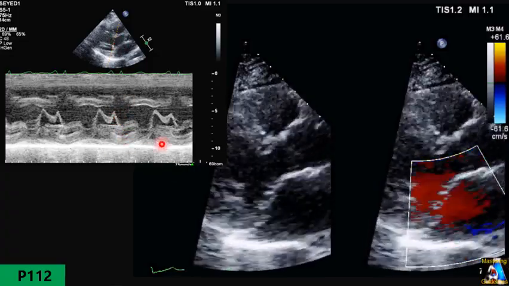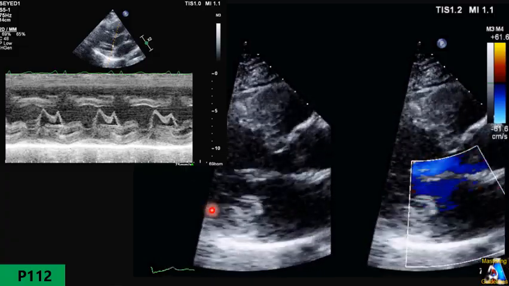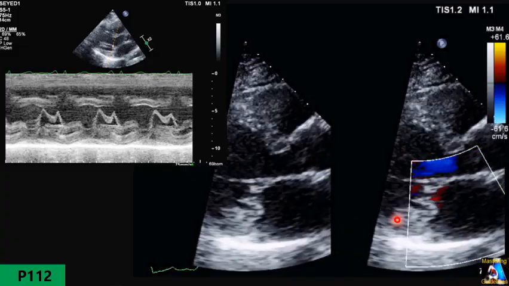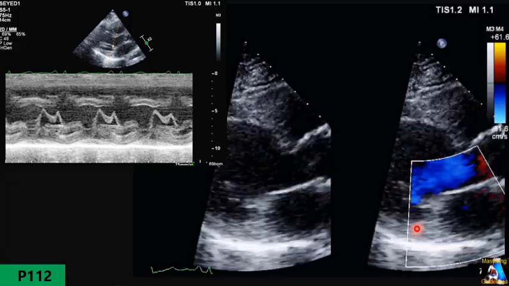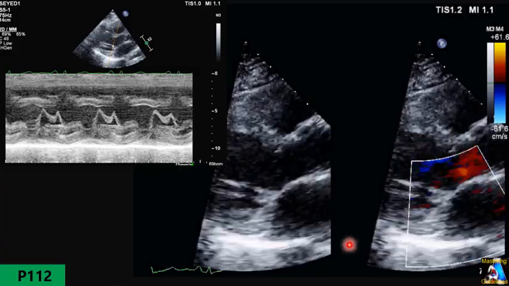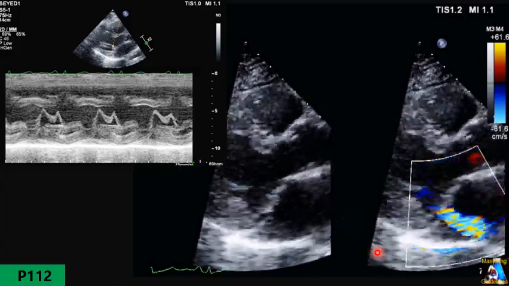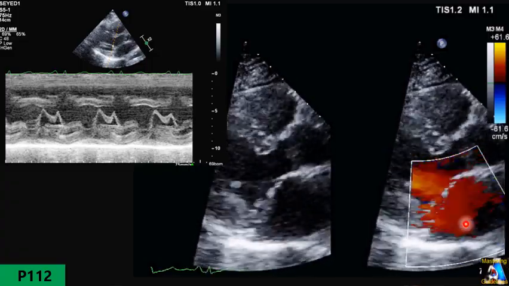That is a typical pattern of the M mode and 2D for MVP. If you look here, you see some MR, but I want you to focus, freeze it, and go back and forth. Can you tell me exactly what the mechanism of this MR is?